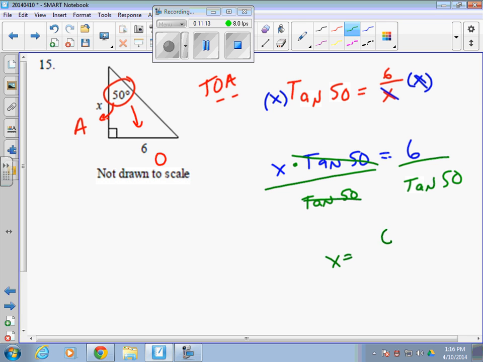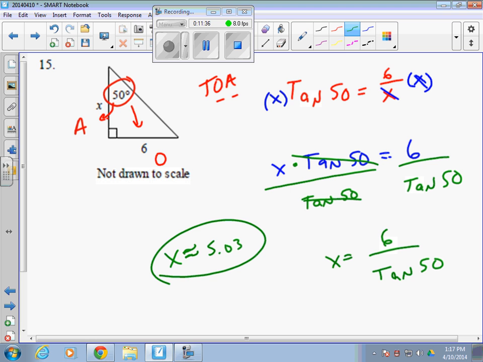X equals 6 divided by the tangent of 50, which is the same thing as finding the cotangent of it. So 6 divided by the tangent of 50 is 5.03. So your x value is going to be approximately, again, 5.03 or 5.0. Be good. Round it to the nearest tenth.